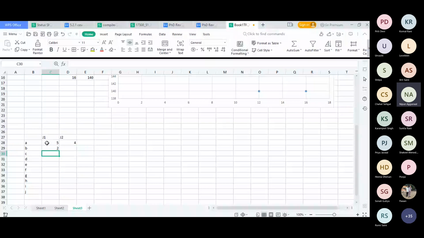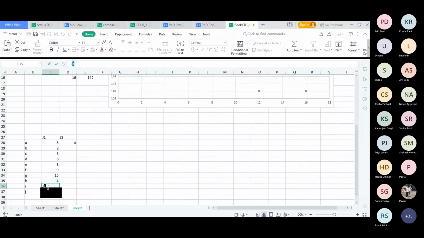Then 2, 1, 3, 6, 8, 9, 10, 4, and what is left is 1, 2, 3, 4, 5, 6, 7. So these are the ranks given by judge 1 to the 10 contestants.